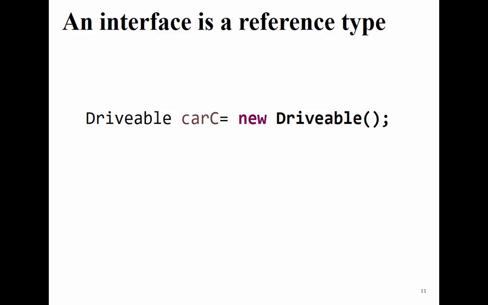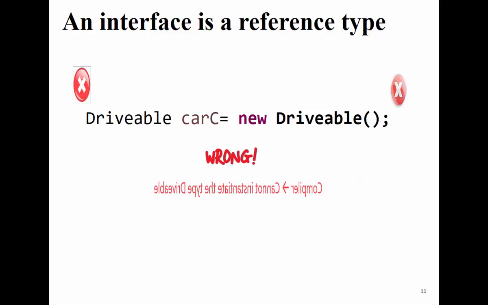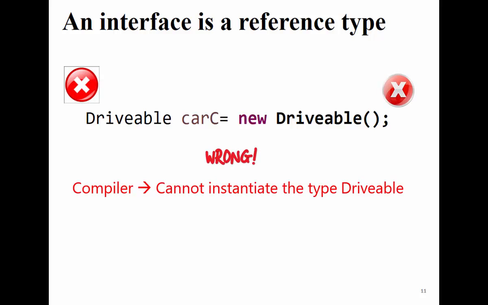We can use new car or new bicycle, but we cannot create an object from an interface. The compiler will give you an error. This is a checked error, so the compiler will check it for you before you execute your program. So you can use drivable on the left-hand side, but you cannot use it with the new operator. With the new keyword, you cannot use an interface.